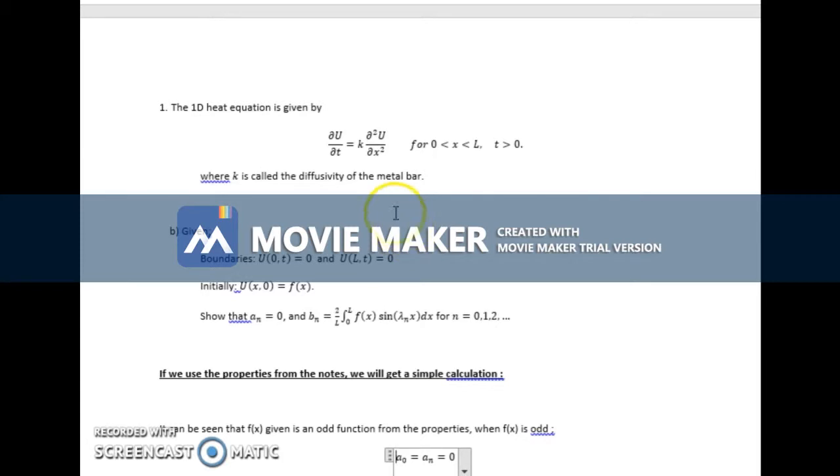For question number 1, we are given the 1D heat equation, which is this, where k is called the diffusivity of the metal ball.